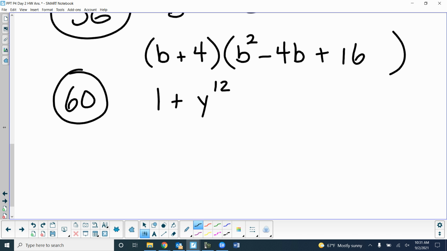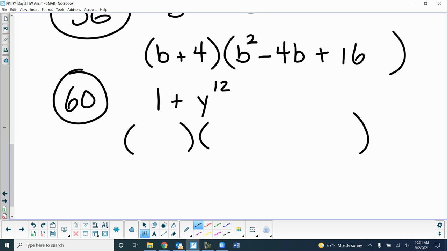Is it a sum of cubes? Any variable to a multiple of 3 power, 12 is a multiple of 3, is a perfect cube. And 1 is a perfect square, a perfect cube, and all of those, because 1 to whatever power is 1. Right? So, perfect cube, binomial, trinomial.